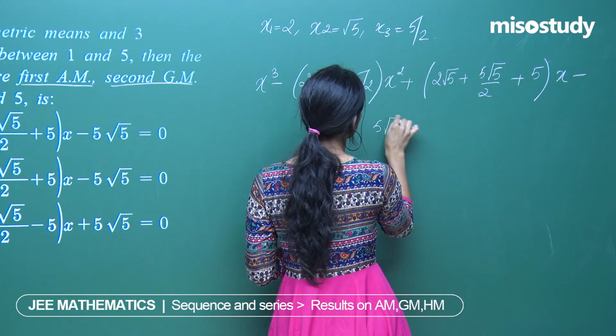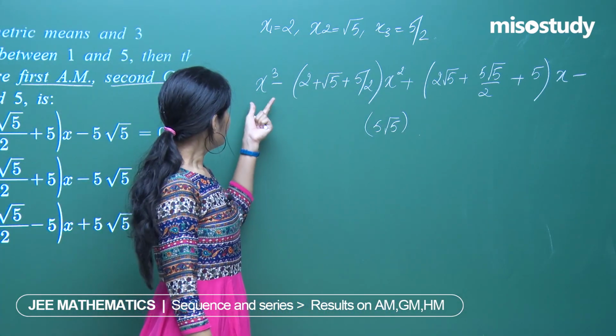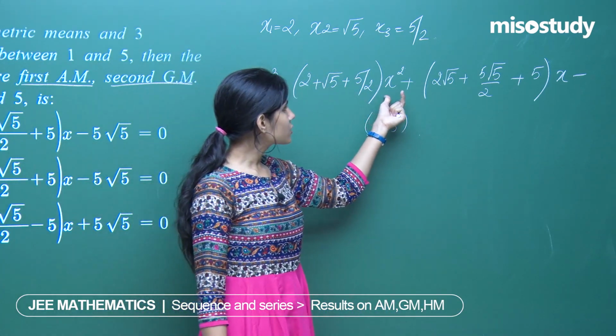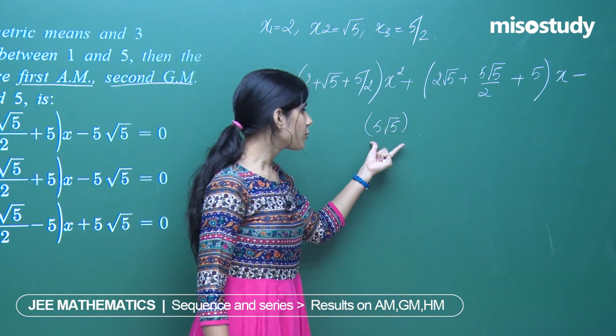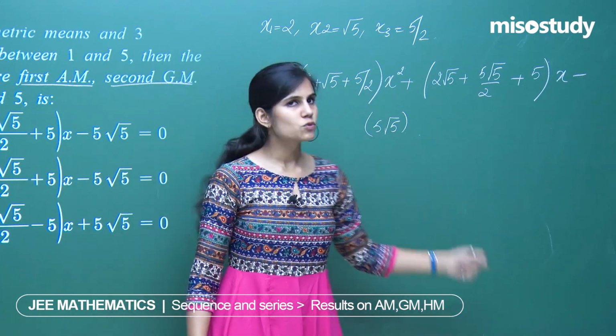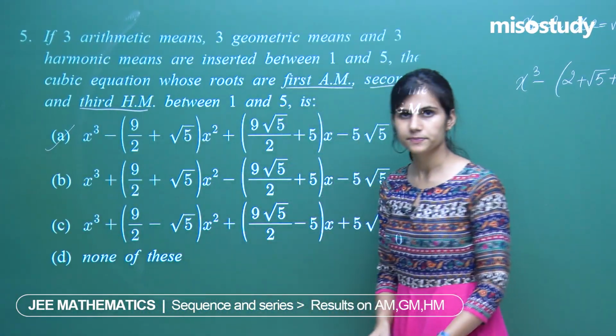So it is 5 root 5, that's the constant term. x cube minus sum of the roots into x square plus sum of product of roots taken 2 at a time into x minus product of the roots. And this is what, if you resolve, you get the first option as the correct one.